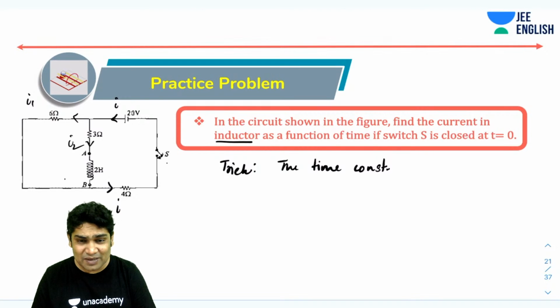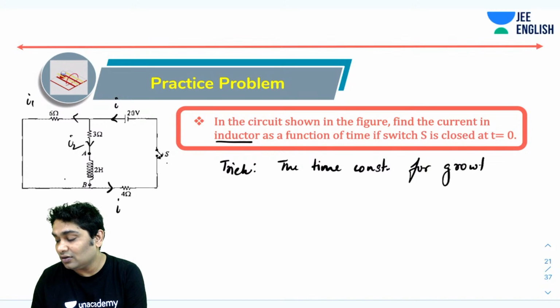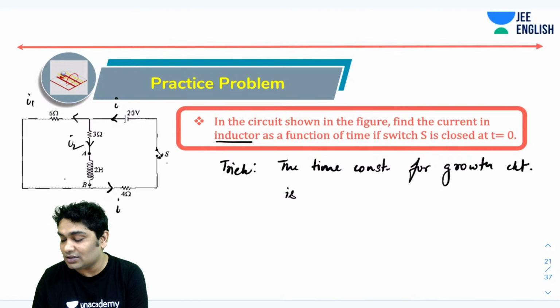The power of e is wrong. The trick was that the time constant for the current growth circuit is the same as for the current decay circuit.